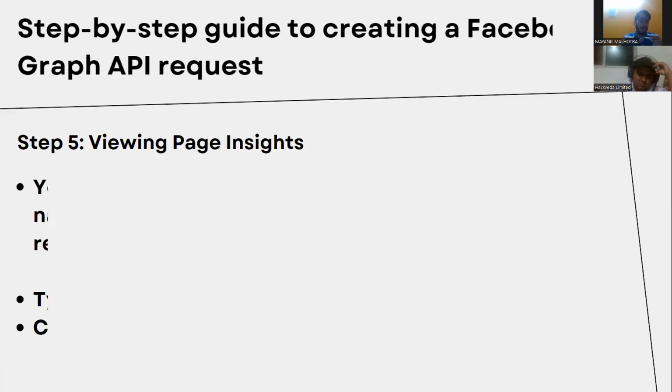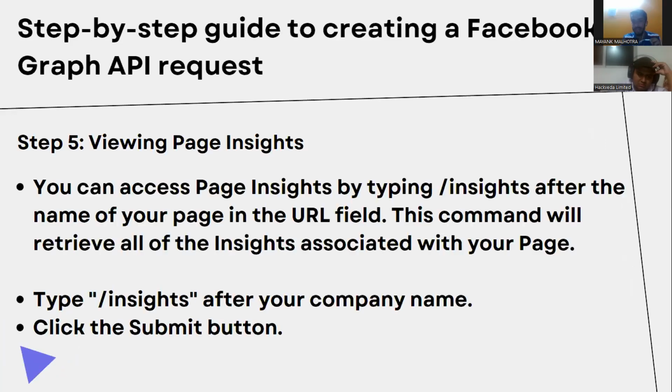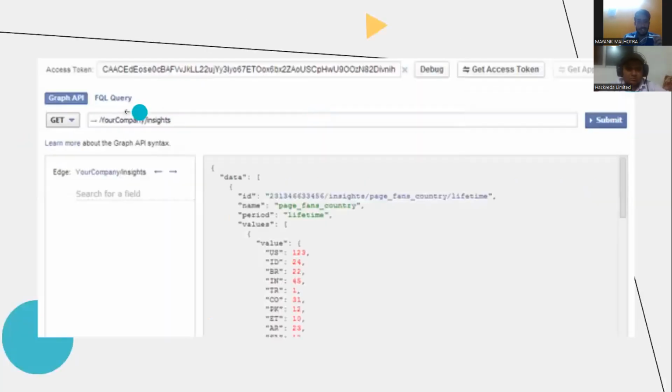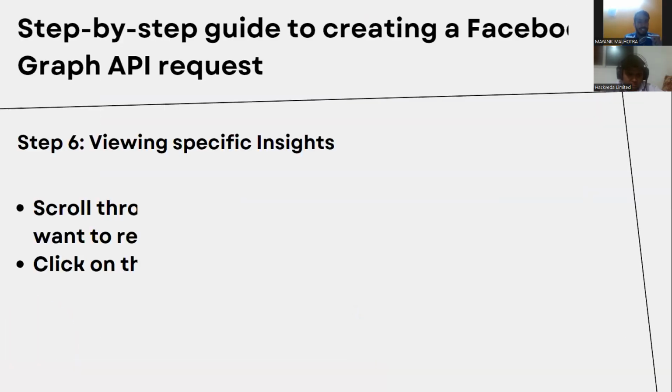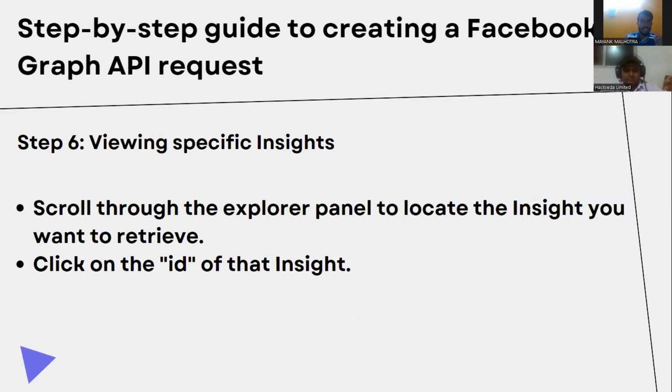Then, viewing the page insights: you can access page insights by typing insights after your page name and clicking the submit button. Suppose I type my company name and insights, it will show me a list of insights which are available for my page. Next is viewing specific insights. When we click insights, it will show us all the insights available for our page.